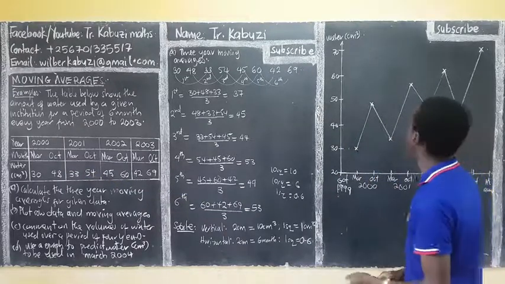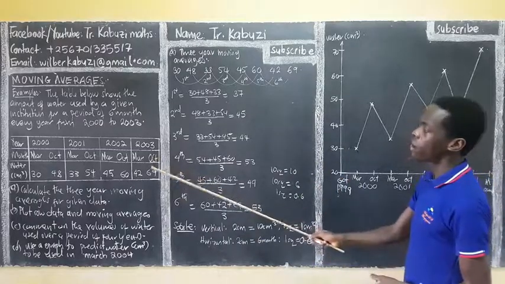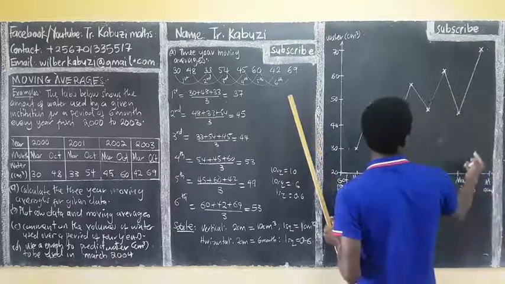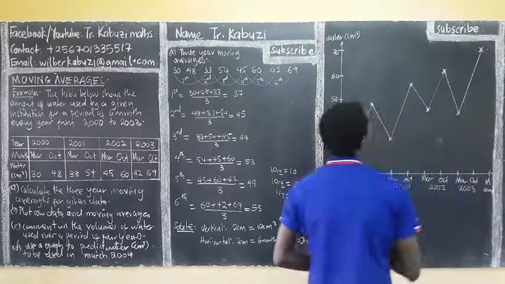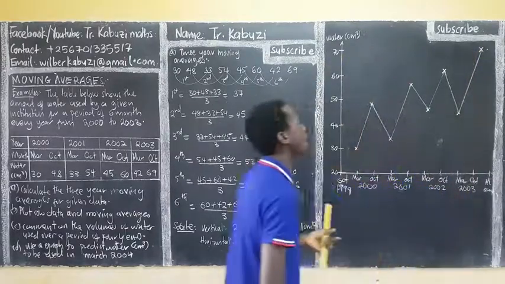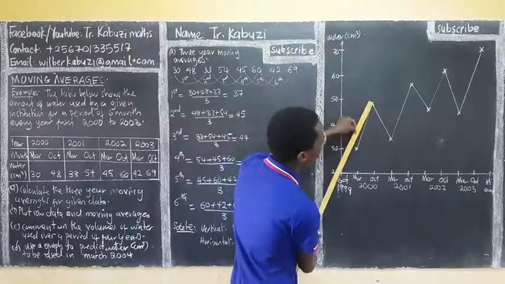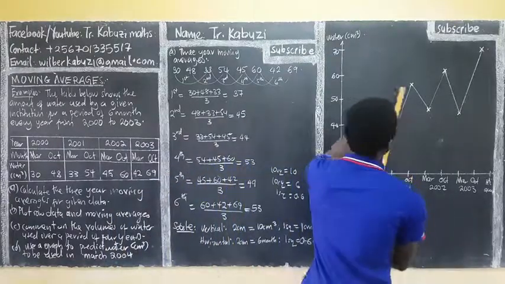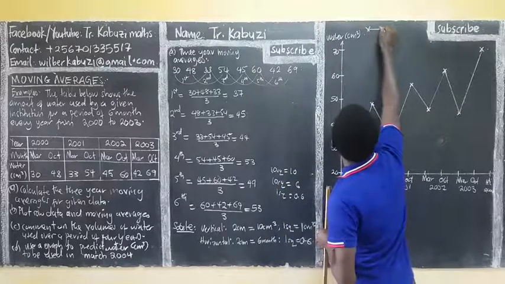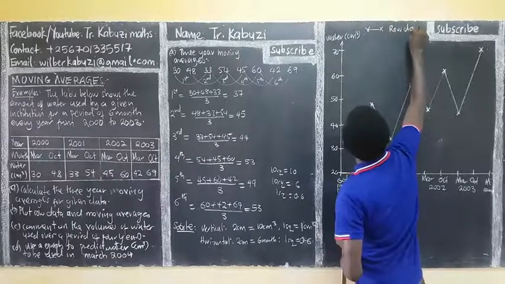It is just simple plotting, until you reach October of 2003, which is 69. As simple as that. Then you join them using a ruler. Join this, join there, join there. And here, this is my raw data.